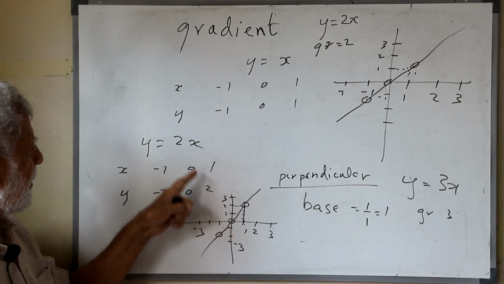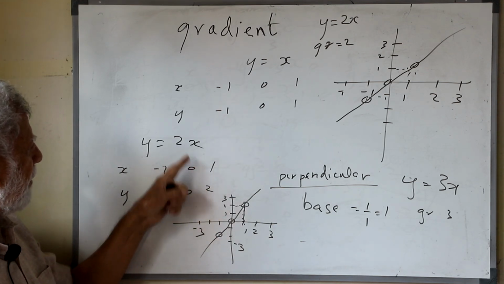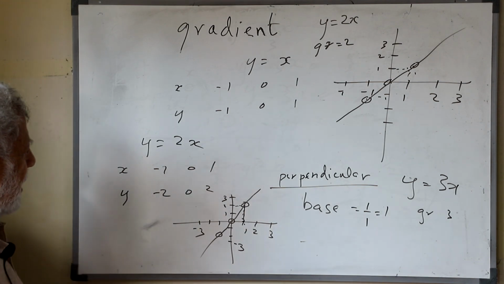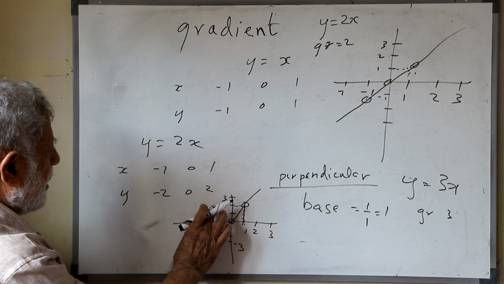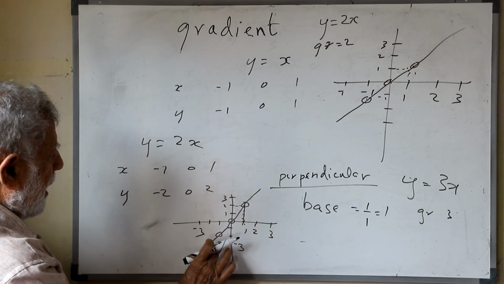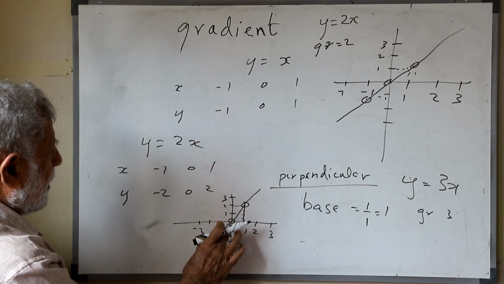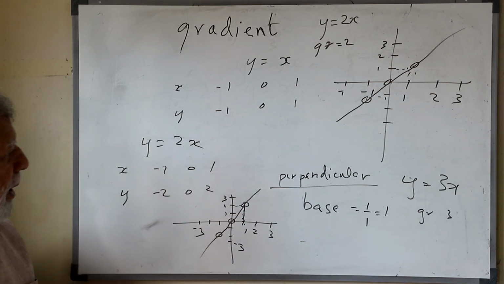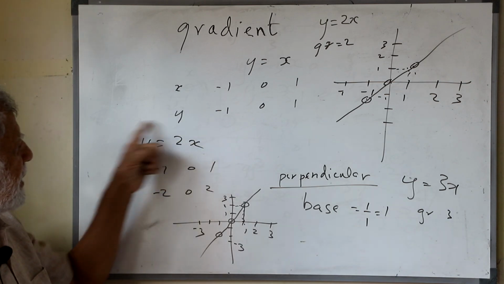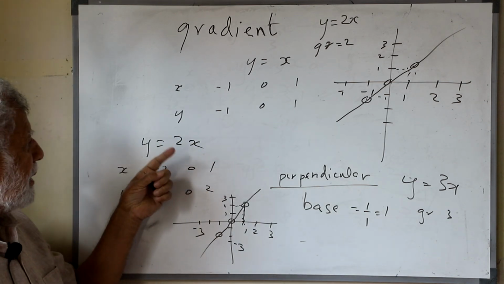When x equals 1, y equals 2. So the gradient of this line, we know it is 2, already given in the graph.